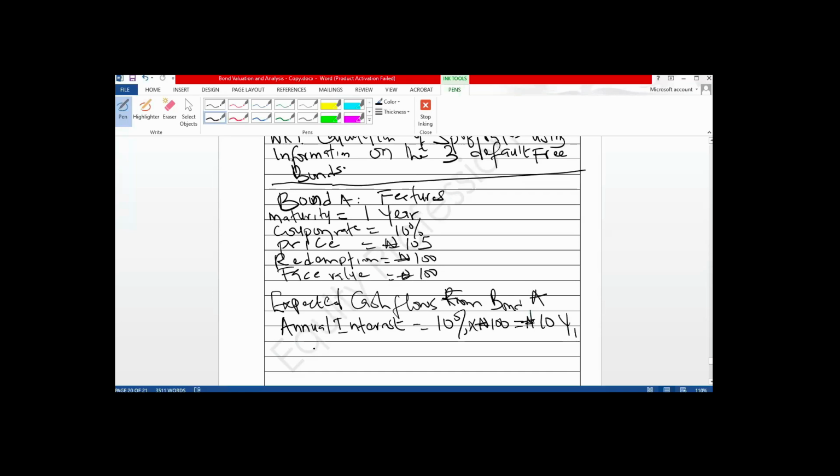This bond is just for 1 year, which means in year 1 the bond will be redeemed. Redemption value of the bond is 100 naira in year 1. That means in year 1, our cash flow is 10 naira plus 100, 110.